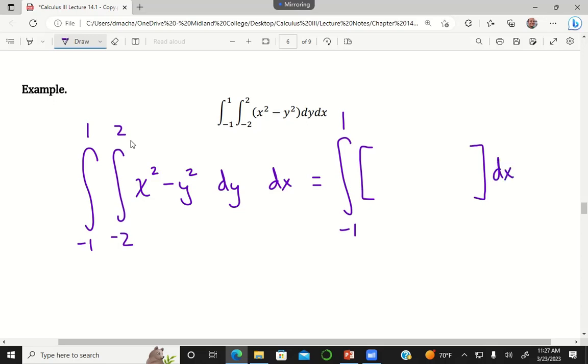Okay, so just thinking about the inside integral, what's the inside antiderivative of x squared minus y squared with respect to y?